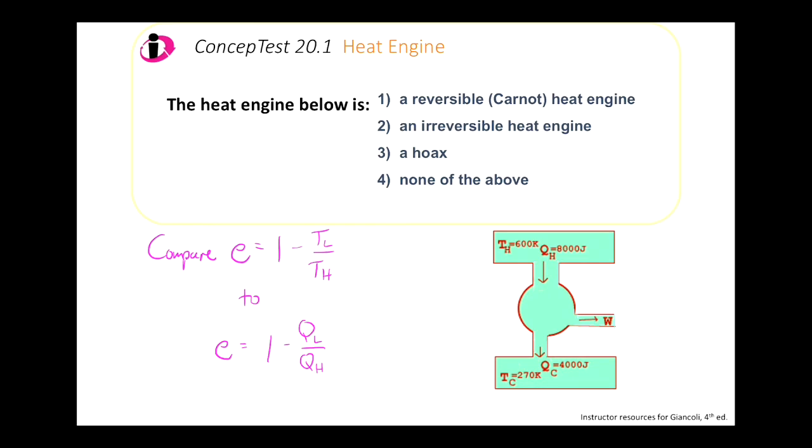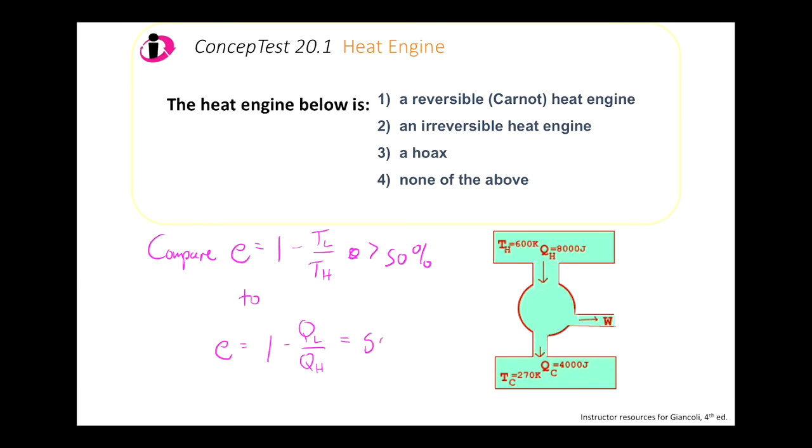So what'd you get? I don't have these numbers. Tell me what you get for this efficiency at the top. This would be the Carnot efficiency for this particular engine. Anybody? Help. Something more than 50%? So let's just say this is greater than 50%. And what do you get for the bottom one? 50%?